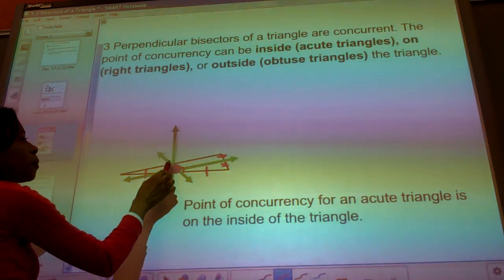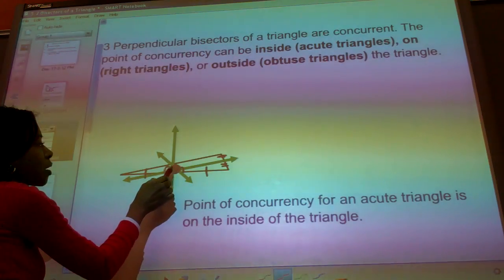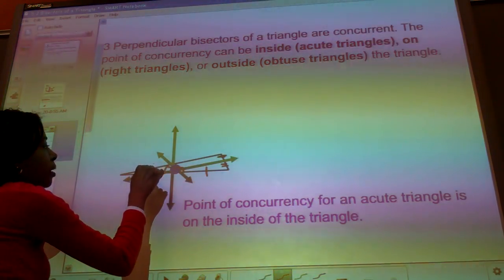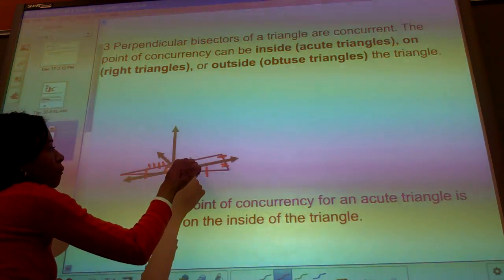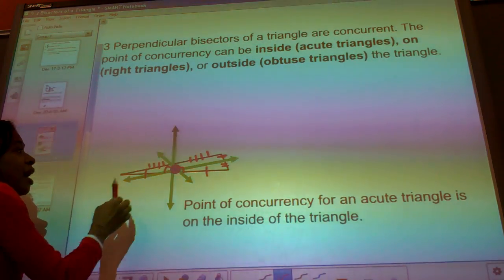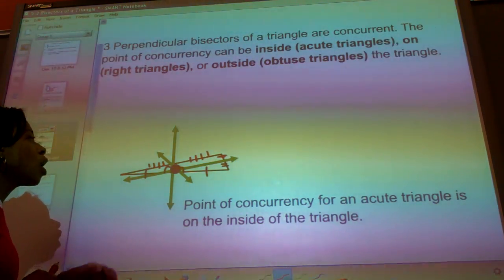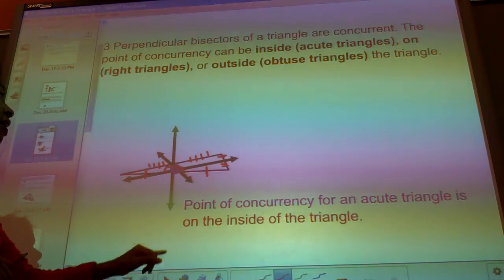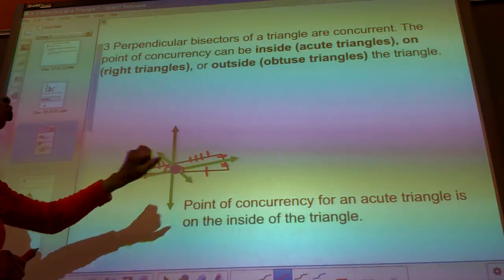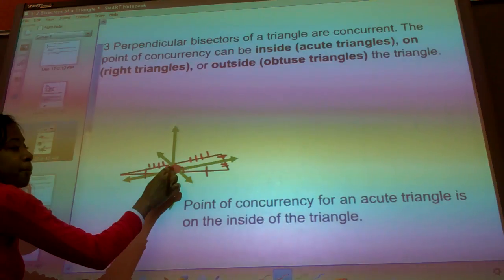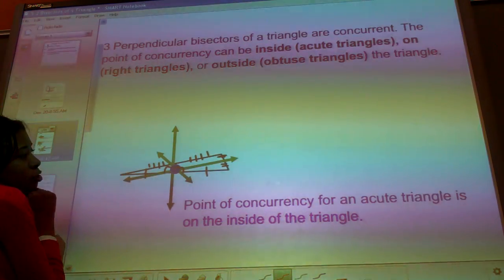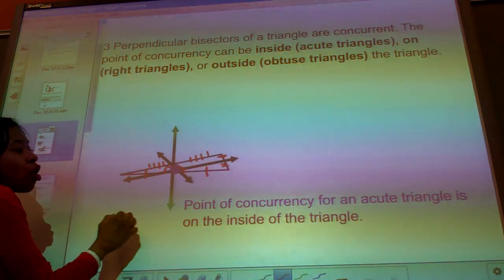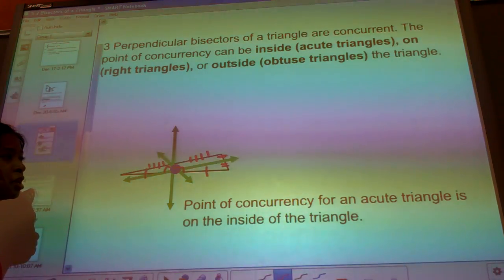Finally, my third perpendicular bisector is here. It's going to divide this segment exactly in half and form two right angles. Where will all three perpendicular bisector lines intersect? This purple point is called the point of concurrency.